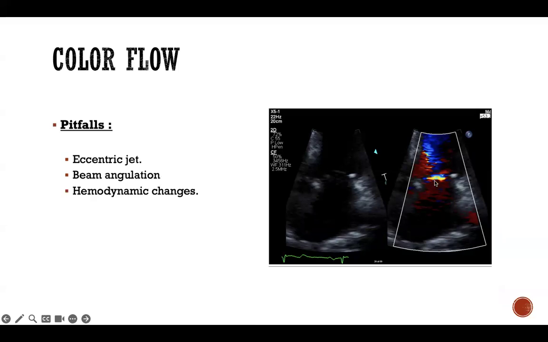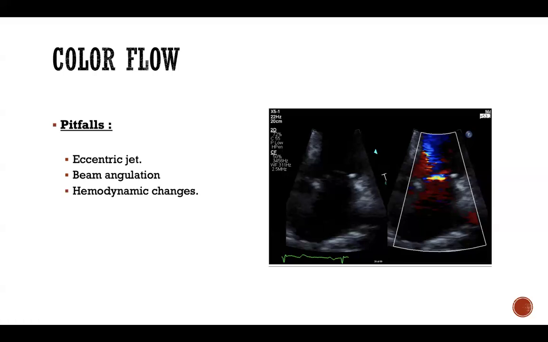When you see a small color here, at first glance you might miss this and see mild MR or something like this, but this is actually severe and might be very severe MR. When you see an eccentric direction of the MR this way, always try to scan multiple views, try to angulate, try to look for the jet of the MR. So this is one of the limitations of color flow imaging.